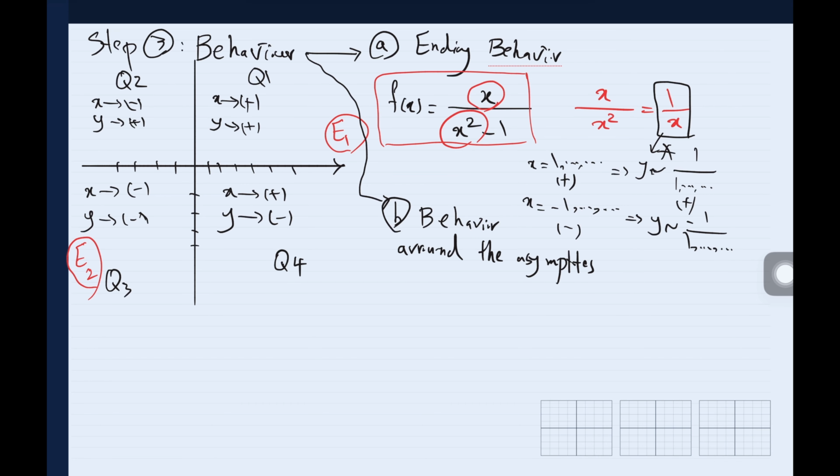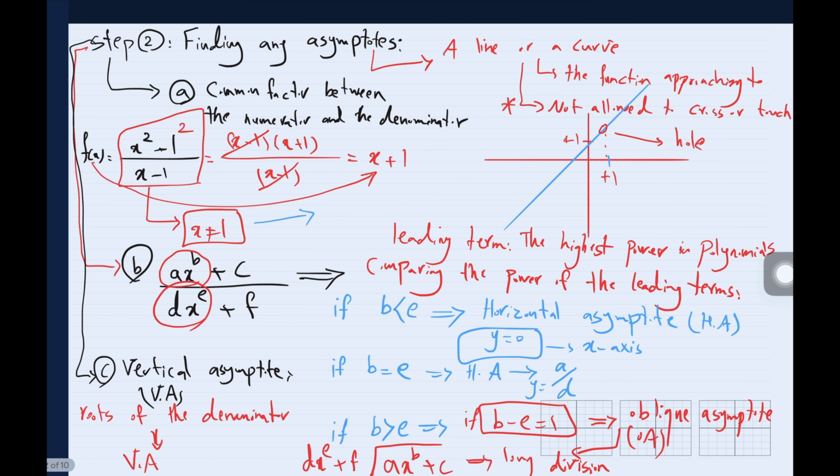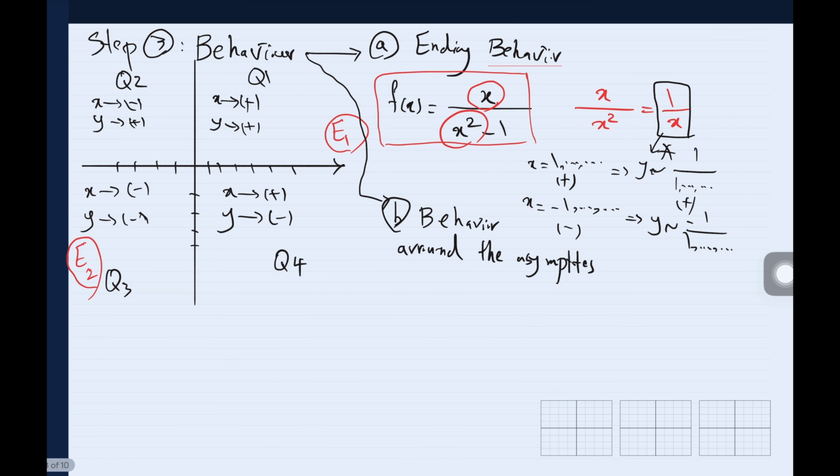So based on the rules we discussed here, if you look at this function, the power of the leading term in the numerator is smaller than the power of the leading term in the denominator. So that means I have a horizontal asymptote, and what would that horizontal asymptote be? That is going to be y equals 0. So y equals 0 is going to be the horizontal asymptote in this case.